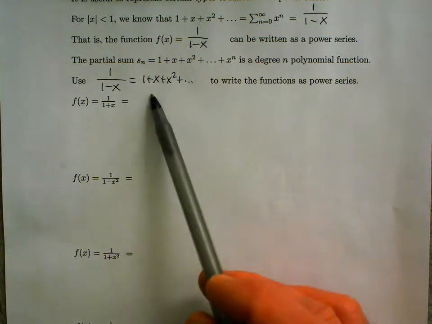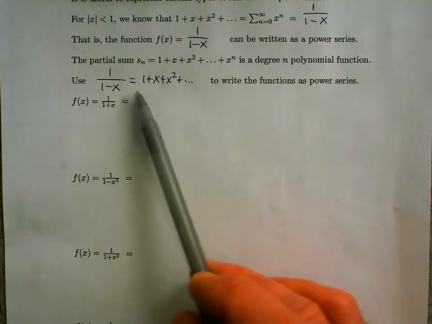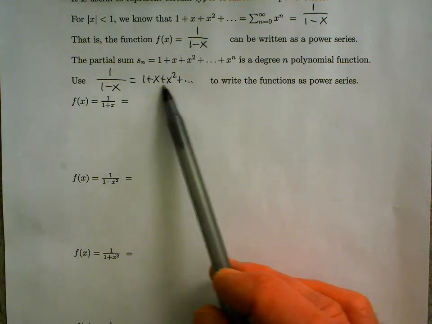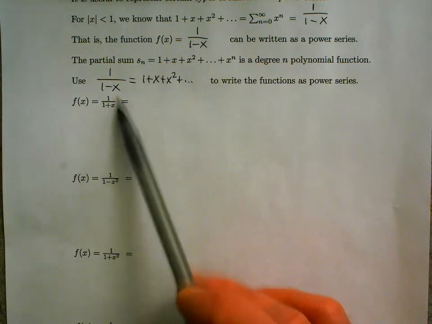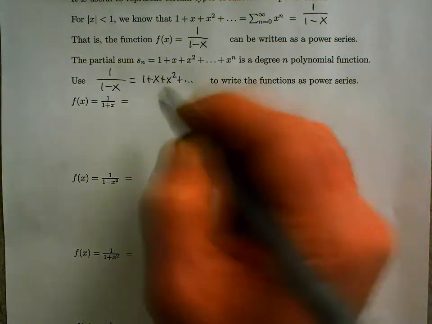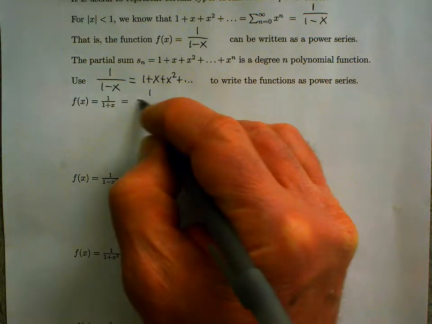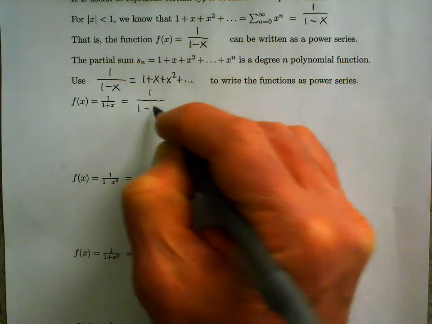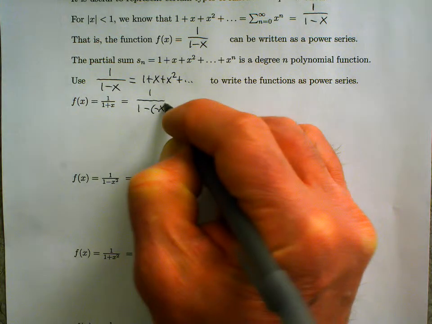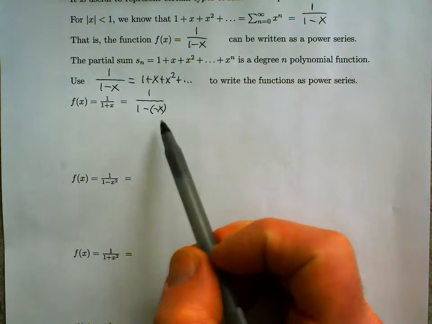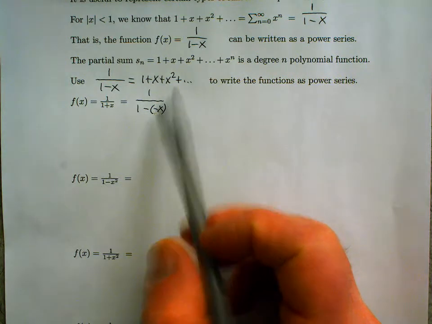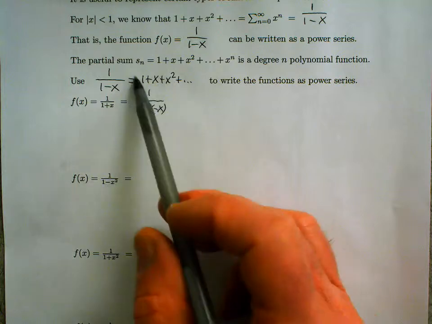Okay, so if we want to use 1 over 1 minus x equals 1 plus x plus x squared, and so on, then 1 over 1 plus x, we think of that as 1 over 1 minus negative x. And then we just put negative x inside each of those x's in the formula above.